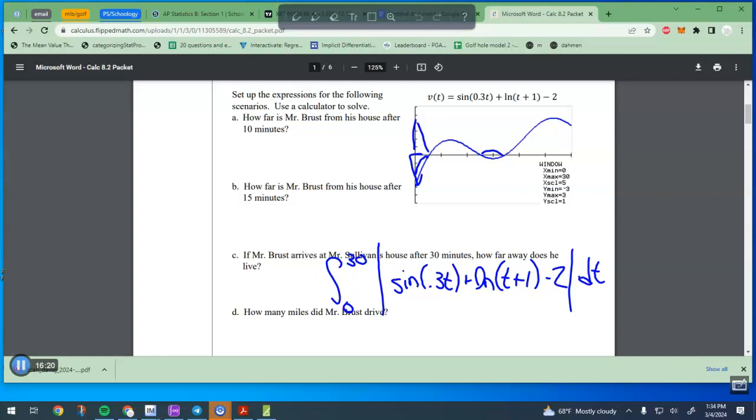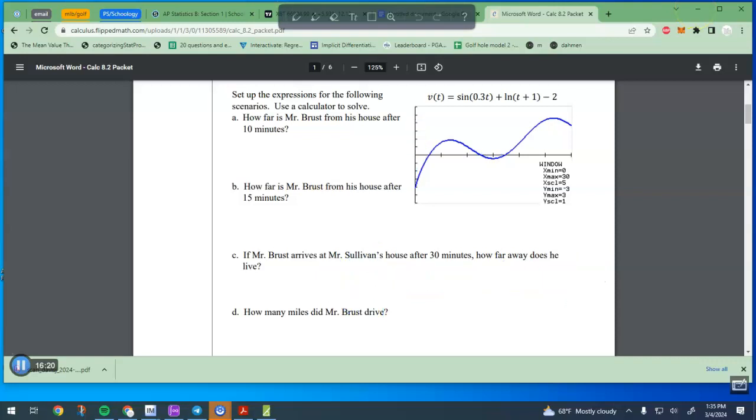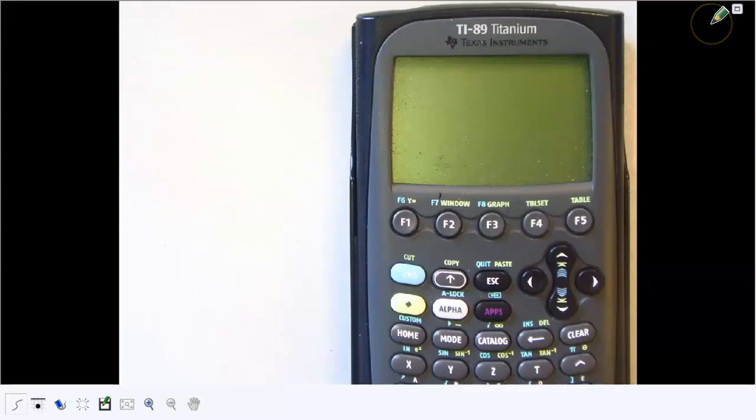You guys know how to do absolute value? You're going to hit integral, and then it gives you a parentheses, right? And then put ABS. Yeah, I'll show you how to do that. It's not the vertical line. I go to catalog.